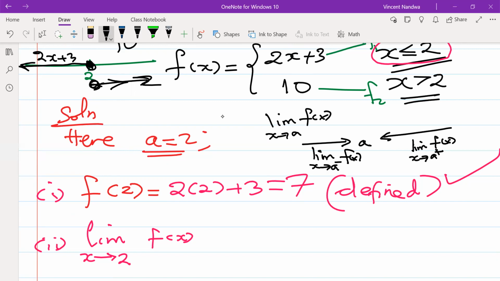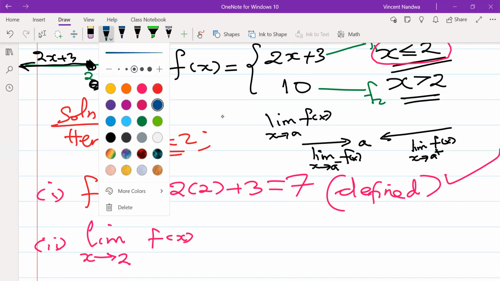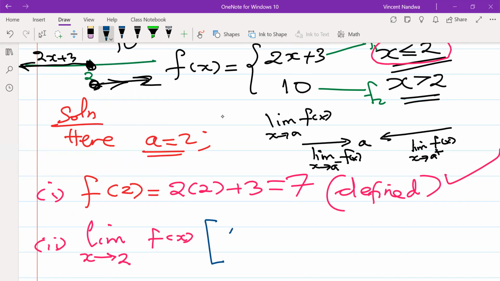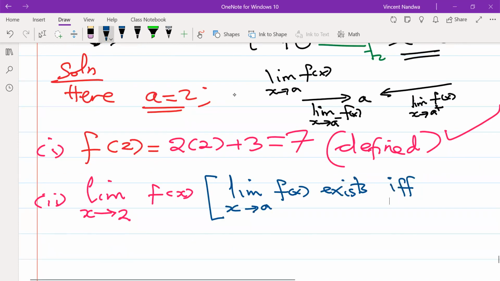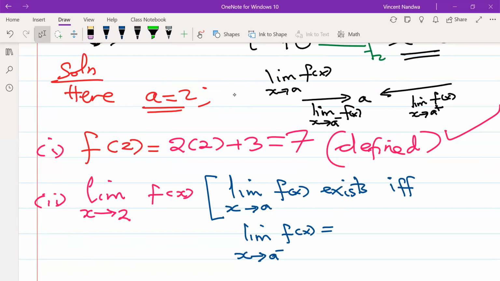Okay, it seems that that one didn't sink in. So let's remind you. Remember that the limit as x approaches a number A of a function f of x exists if and only if the limit as x approaches A from the left of the function is the same as the limit as x approaches A from the right of the same function.